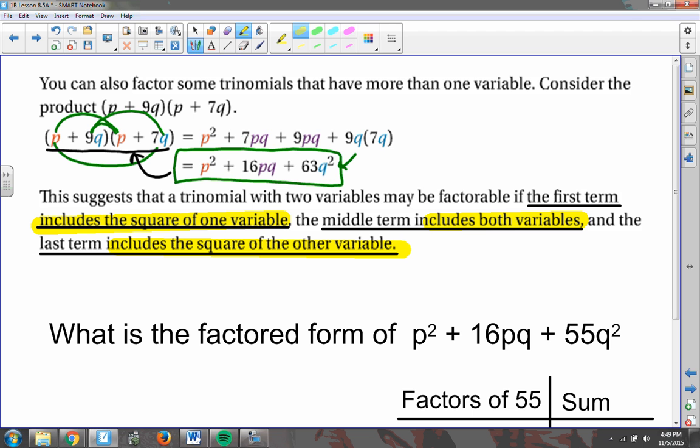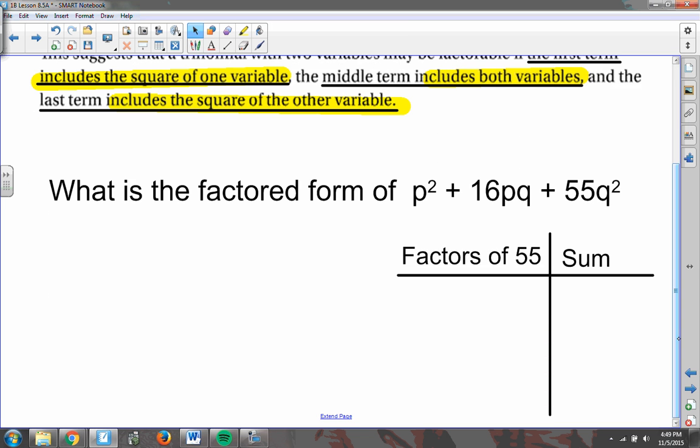Here's a quick example for you. We will work this one out together and then we will be finished. What is the factored form of p squared plus 16pq plus 55q squared?